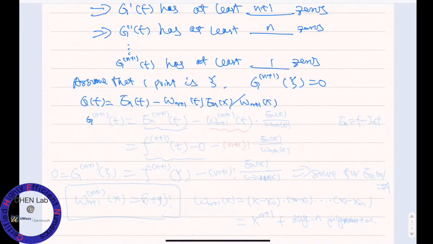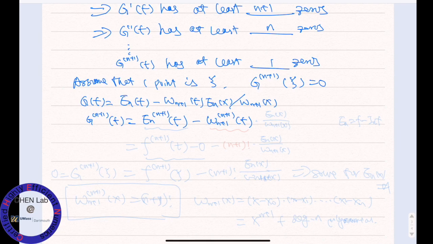If we evaluate the n plus 1 derivative at t, this is, of course, e_n, that's a function of t as well, to the n plus 1 derivative at t, minus omega_{n+1} to the n plus 1 derivative at t.